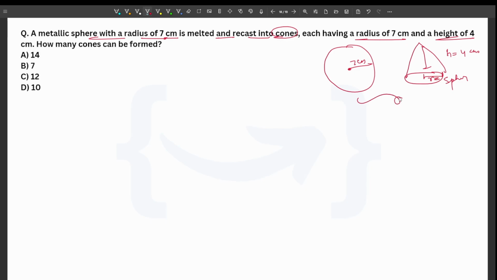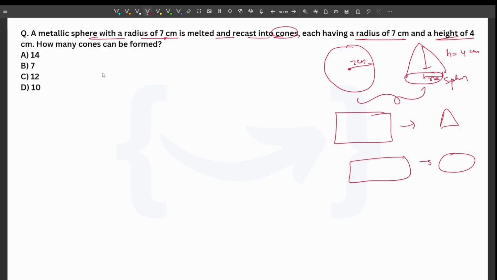If this kind of question comes, sometimes you may be asked to create cones from a rectangular thing, or create a sphere, cylinder, and everything. In this kind of situation, just take it in a ratio way. So volume of sphere by volume of cone. The volume of sphere is 4/3 pi r cube, and the volume of cone is 1/3 pi r square h.